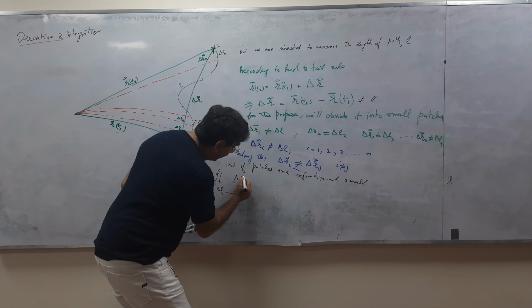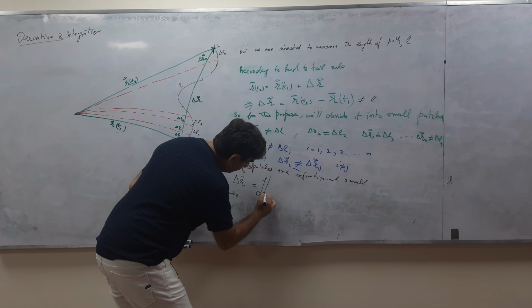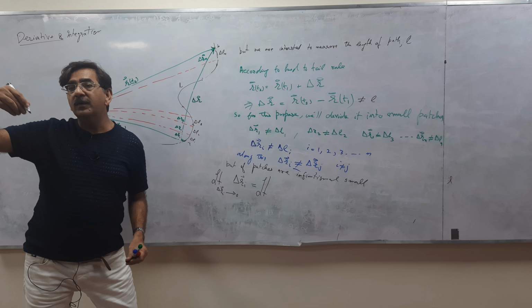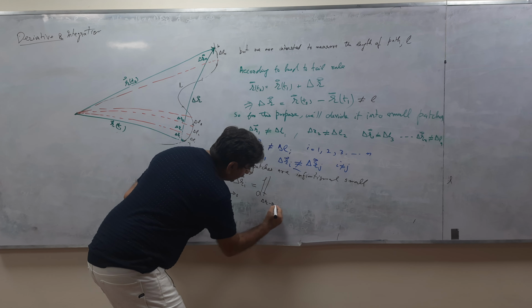So all these R will be like this. Meaning, limit delta R approaches 0.